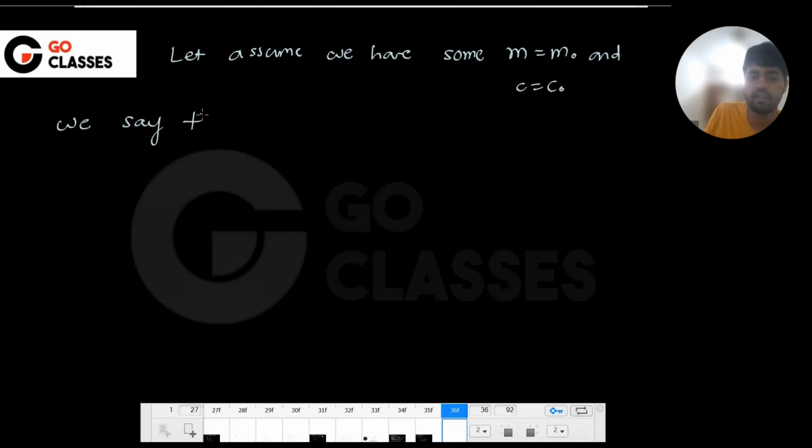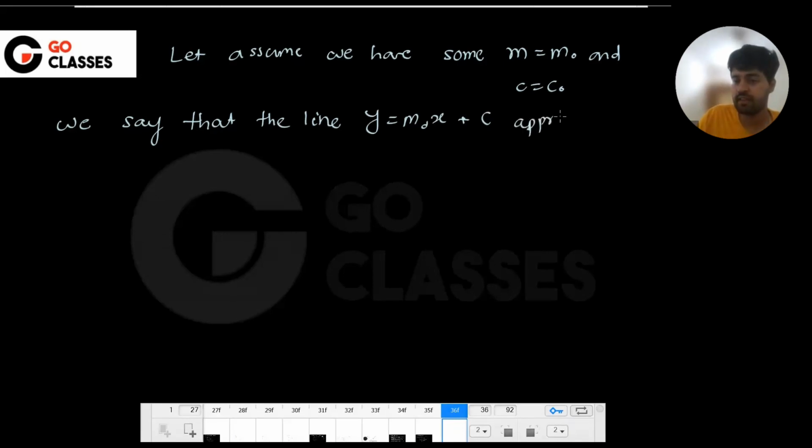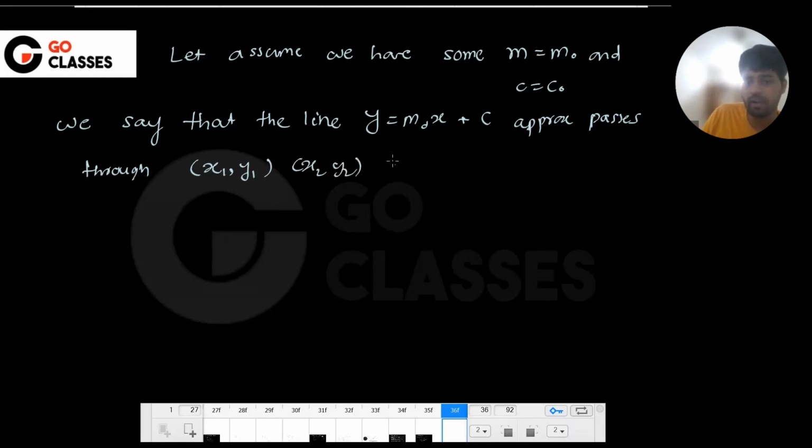We say that the line y is equal to m0x plus c0 approximately passes through the 3 points. The 3 points are, again, I will write x1, y1, x2, y2, x3, y3.